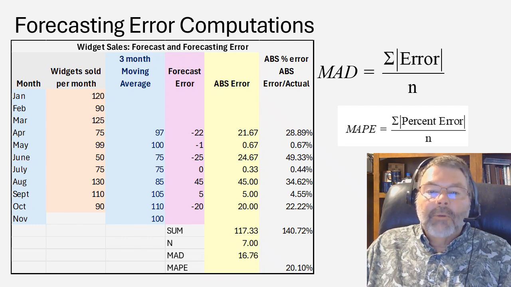So then we sum up the percentages. We end up with 140% error altogether in sum, but again we divide that by the number of time periods in the forecast, which is 7. So we end up with a mean absolute percentage error of 20.1%. They're very simple formulas, but they're very important in telling us how accurate our forecasting methods are.